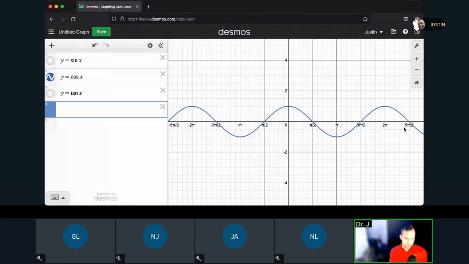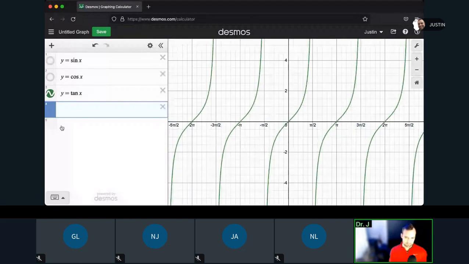Can someone tell me what the period of cosine x is? Yeah, it's 2 pi. A full rotation takes 2 pi. We start here, go down, and go back up, 2 pi.